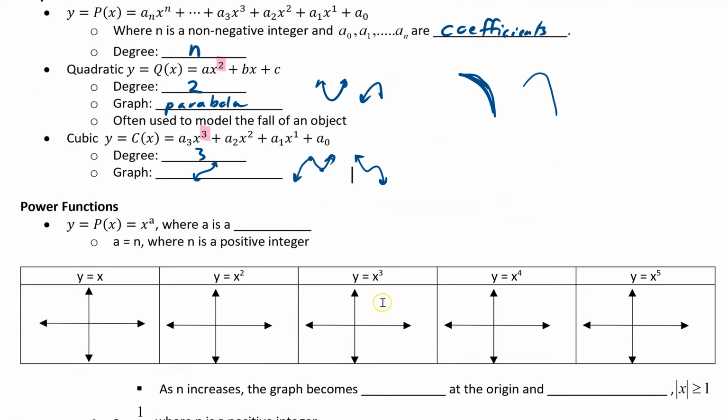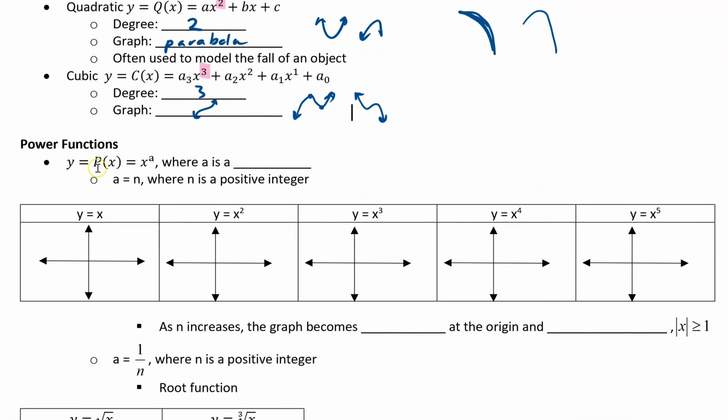Okay, power functions. Power functions are x to some value up here, a, where a is a real number. So if a is equal to n, where n is a positive integer, then we get our basic polynomial functions we were dealing with before.